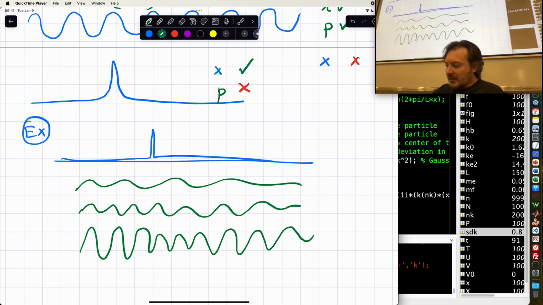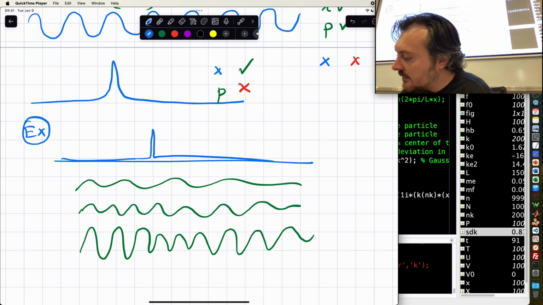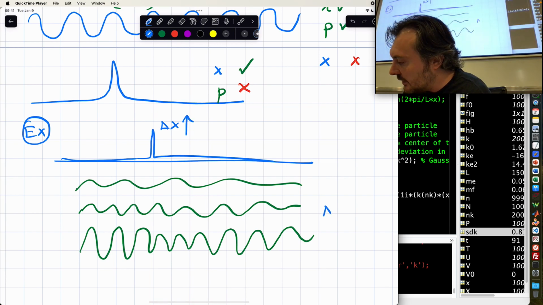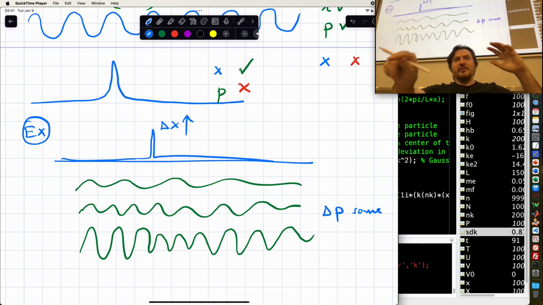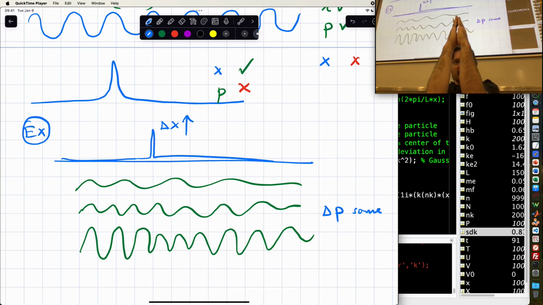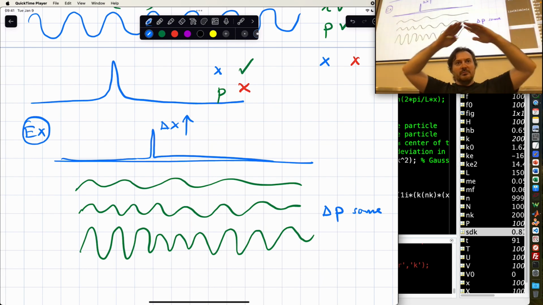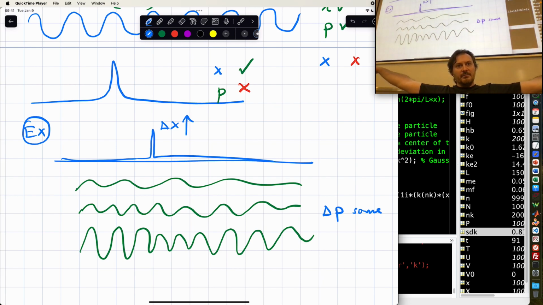So the question that Emin asked is, it seems like delta x is growing while delta p is the same. Do you see the question? Imagine a free particle, and we just measured, so it's localized, okay? So it's composed of several momenta that are very, very wide, right?